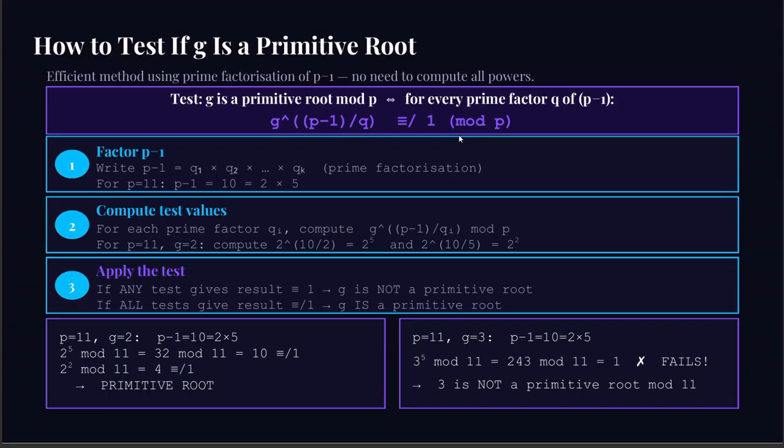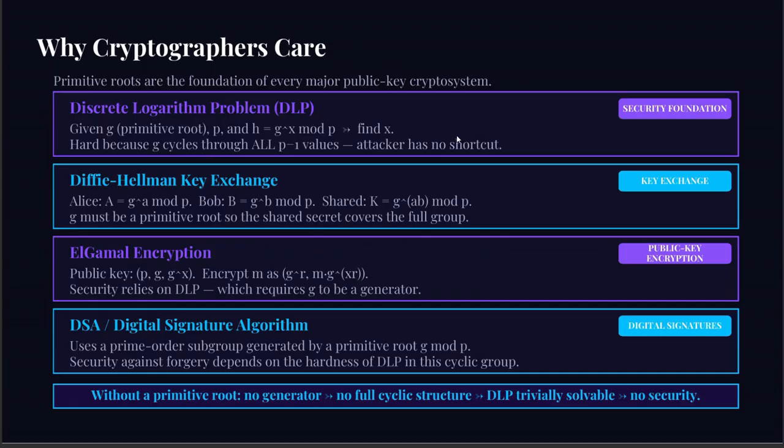The next slide is talking about why cryptographers care about this. Primitive roots are extremely important; they form a mathematical foundation for many public key cryptographic systems. They create a full cyclic group, which makes problems like the discrete logarithm problem difficult to solve and provides security for protocols such as Diffie-Hellman, ElGamal, and DSA.